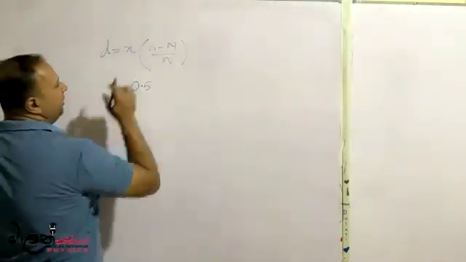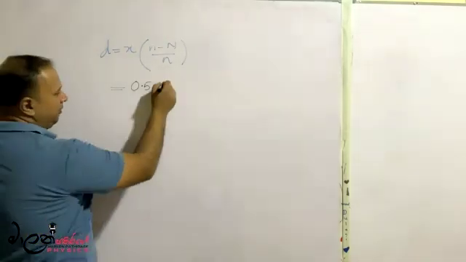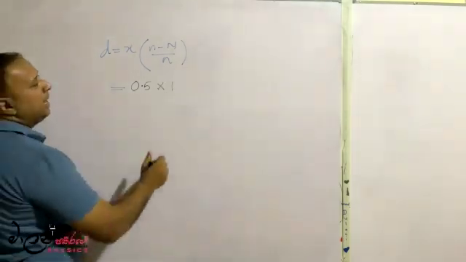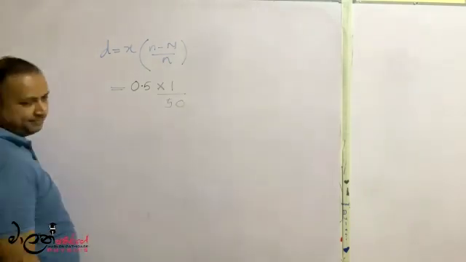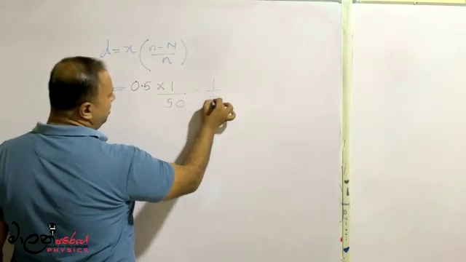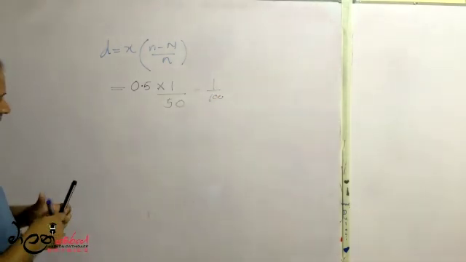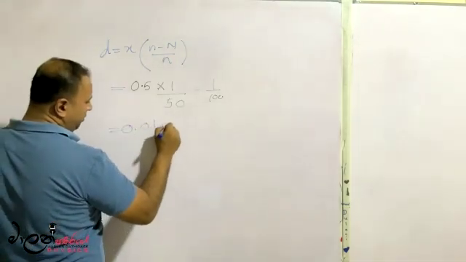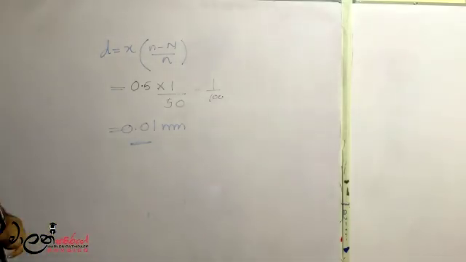Then n minus simple n is equal to 1, because 49 and 50, and simple n is equal to 50. Therefore, the answer is equal to 1 over 100. 1 over 100 means 0.01 millimeter.